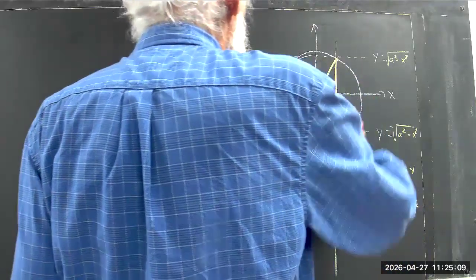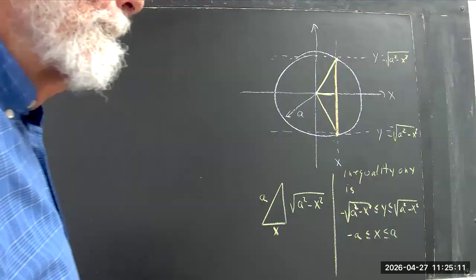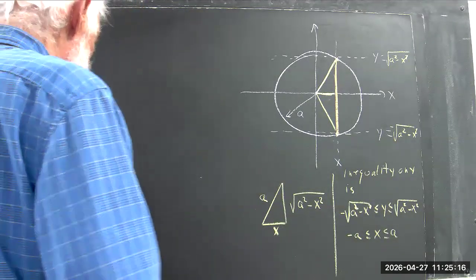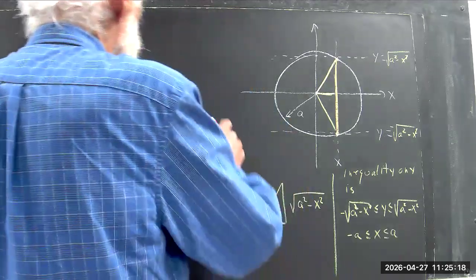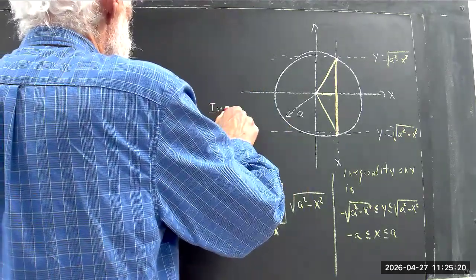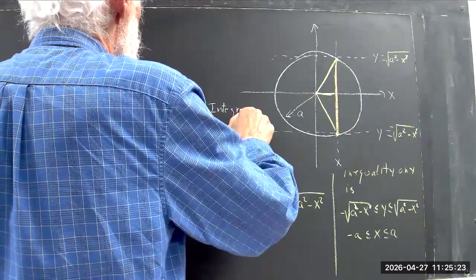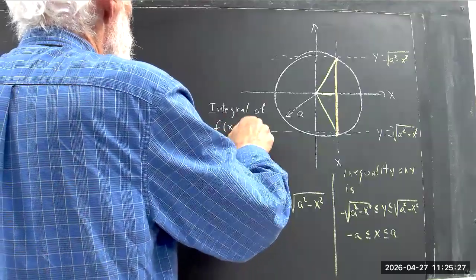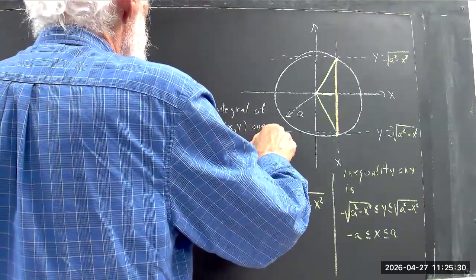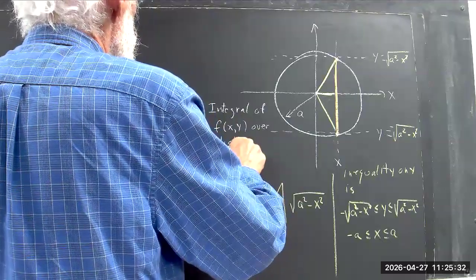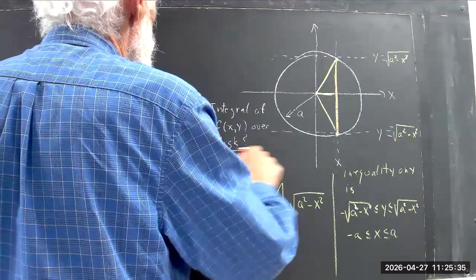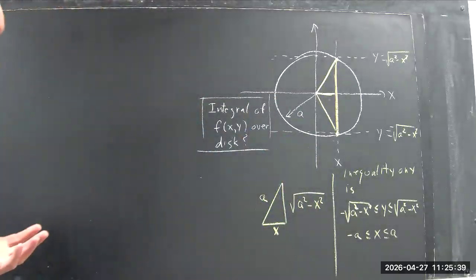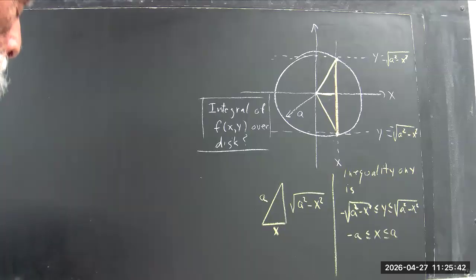If you wanted to integrate something on the disk, let's say the values of f of x, y, what would the integral of f of x, y over the disk be? Write down the integral.